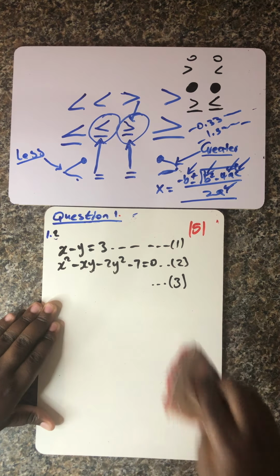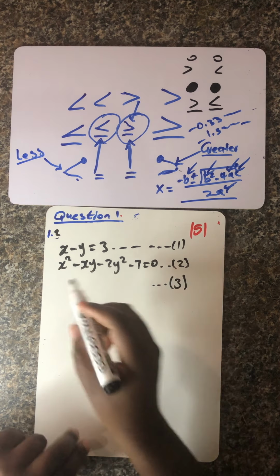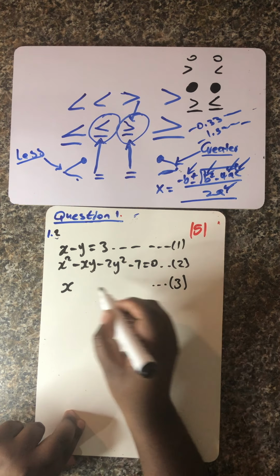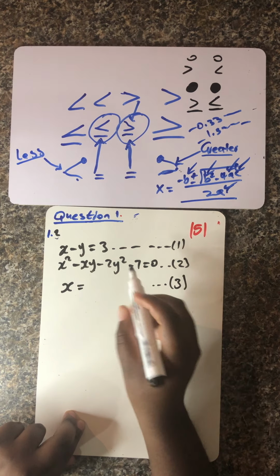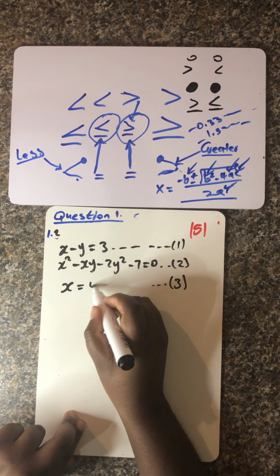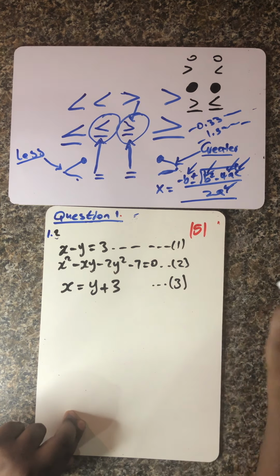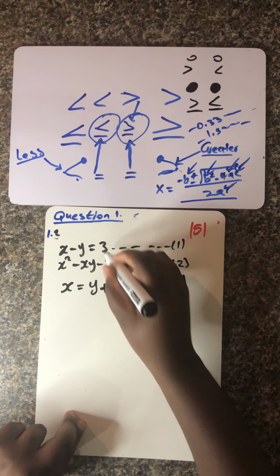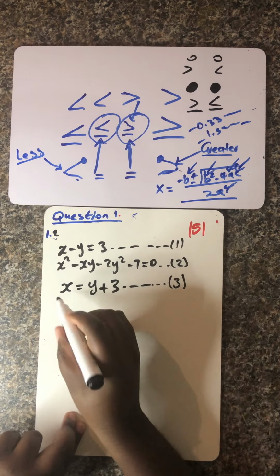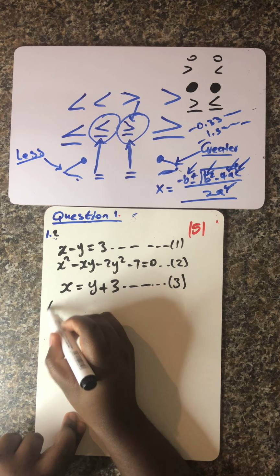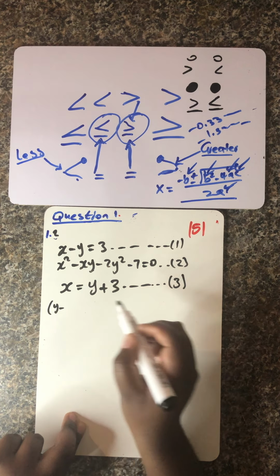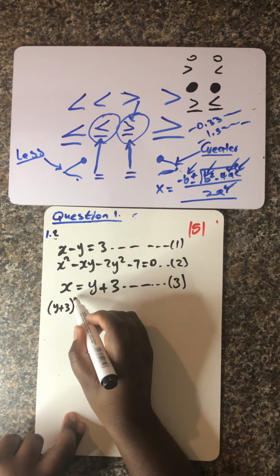Ladies and gentlemen, we now make x the subject of the formula, so that means we move everything to the right. Remember, it becomes positive y, and 3 has always been there as positive 3. So now we just substitute. That means we've got y plus 3 there.